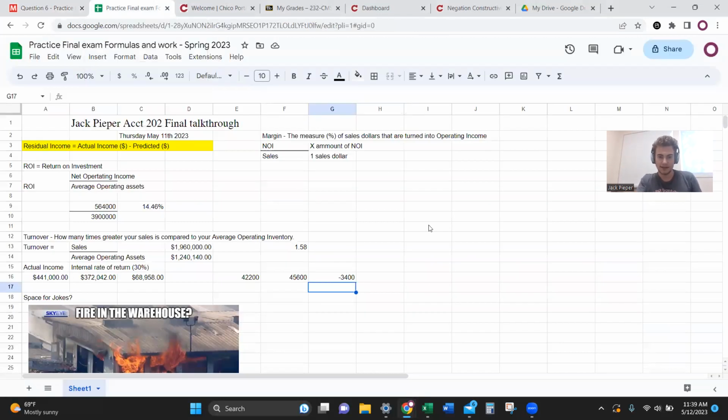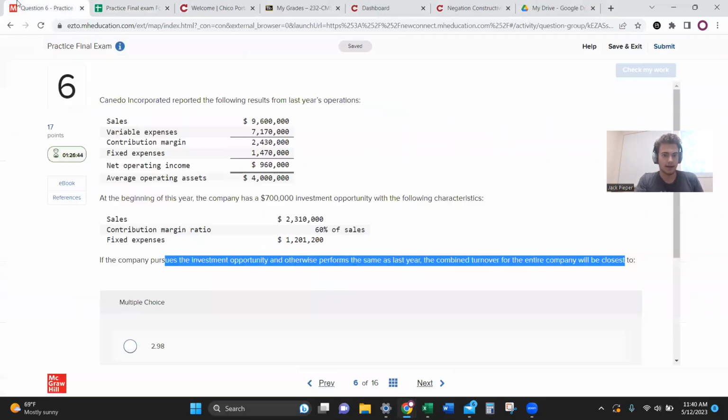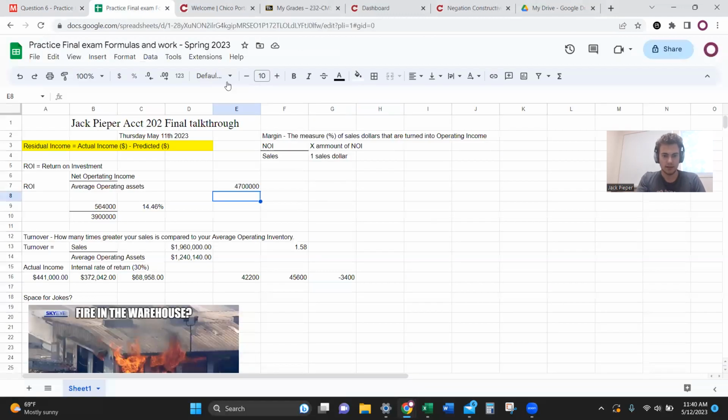So it looks like our average operating assets will be 4,700,000, and our sales will be 9,600 plus 2,310, it'll be 1,191,0.